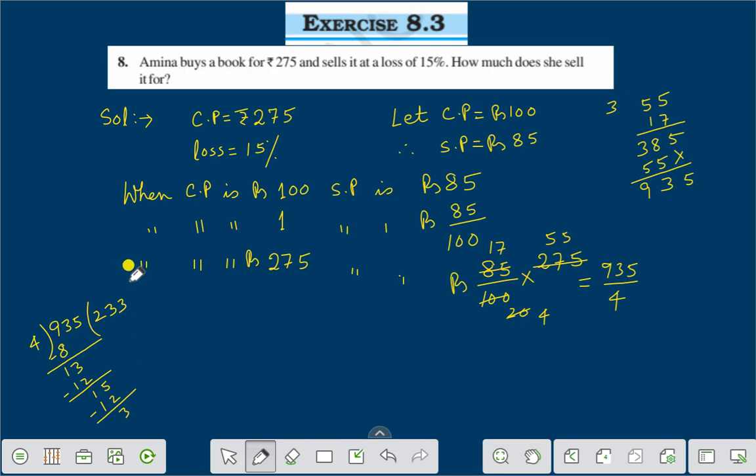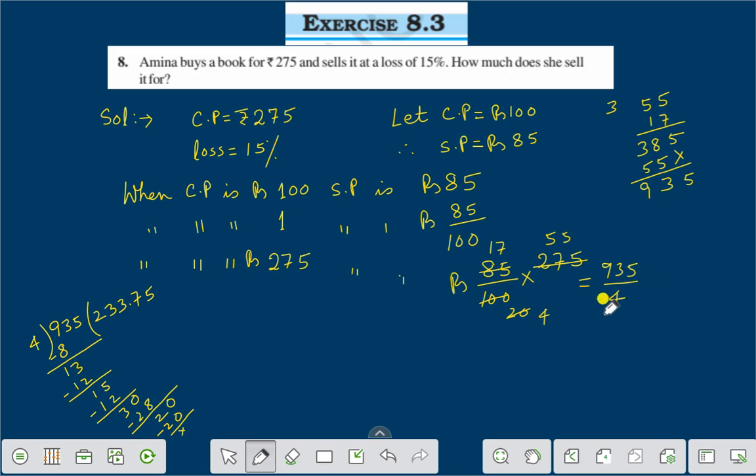Now point, it is 0. 4 7 is 28, 30 minus 28, that is 2. Point is there, here it is 0, and 4 5 is 20. Right? Therefore, the value is 233.75.